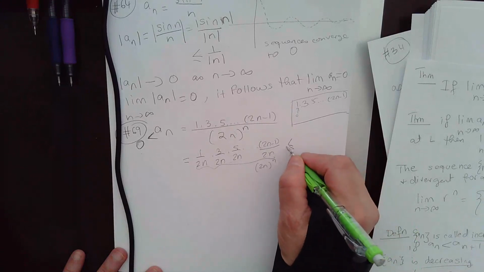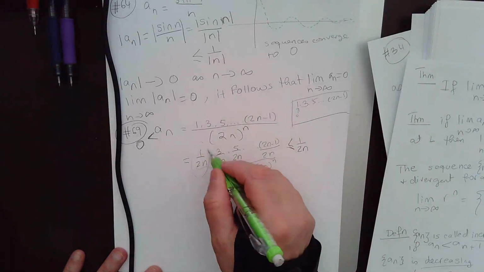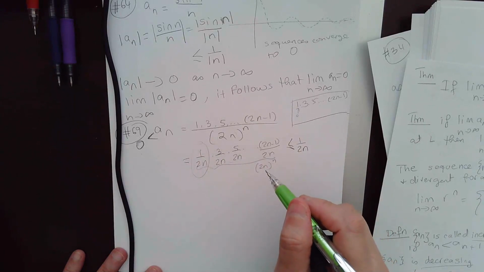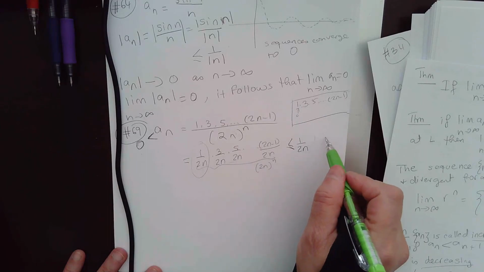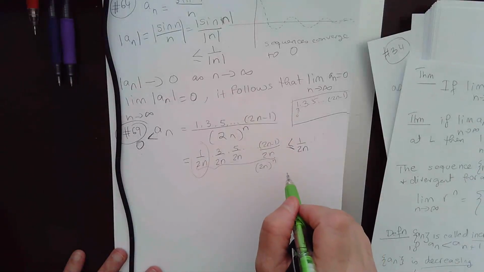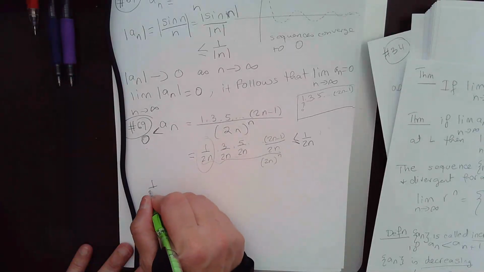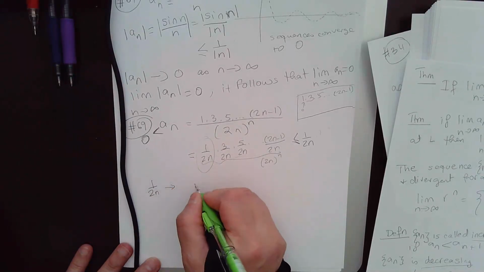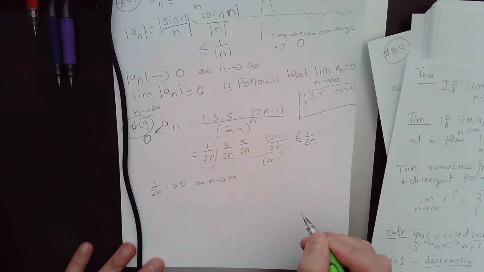Wouldn't that be less than or equal to 1 over 2n? You can consider them all 1, 1, 1, right? And what do you know about this? 1 over 2n approaches what value as n approaches infinity? It approaches 0, doesn't it?